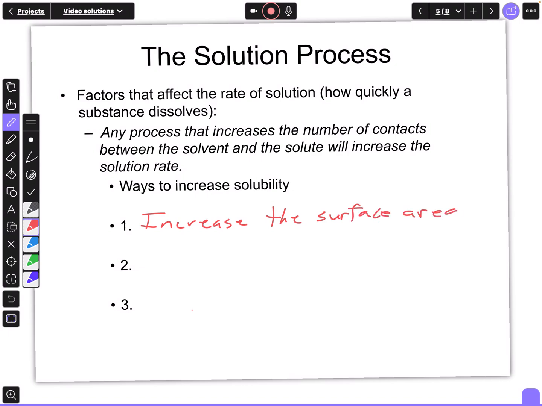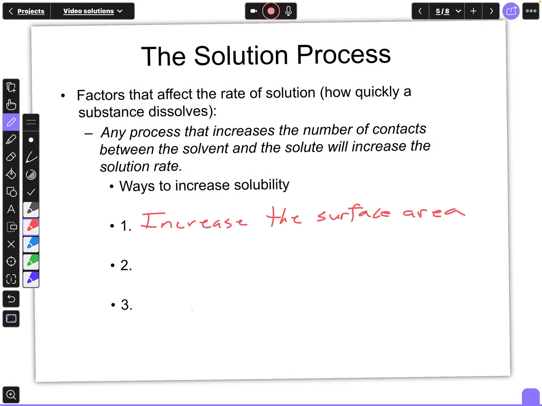If you think about a sugar cube, when you put that in water, the outside of it is going to dissolve first, because it's in contact with the water, and then it's going to have to dissolve all the way to the middle of it. But if you were to crush it up, you increase the surface area, the surface that's exposed to the water, and it will make it dissolve faster.